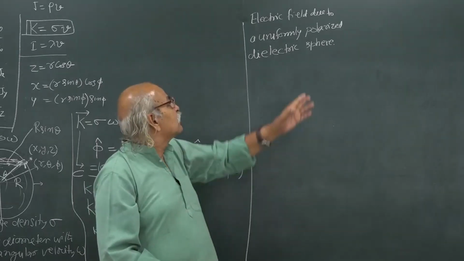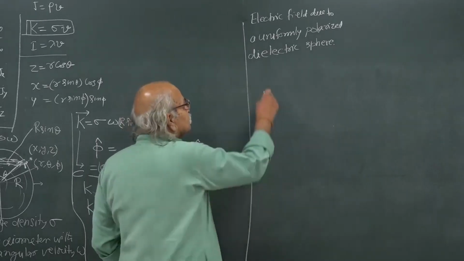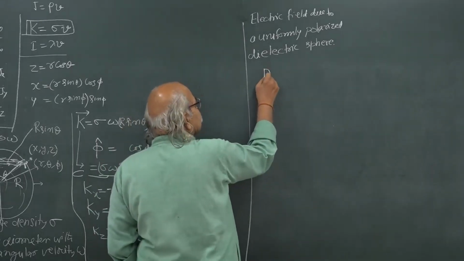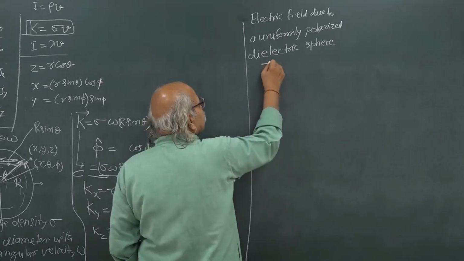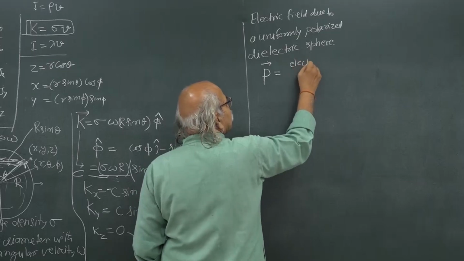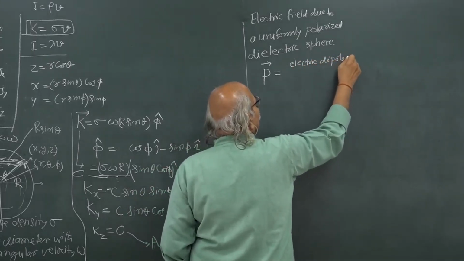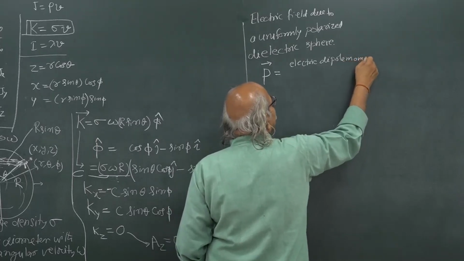That is known as a polarized dielectric material. This polarization is given by this vector P, which is the electric dipole moment per unit volume.